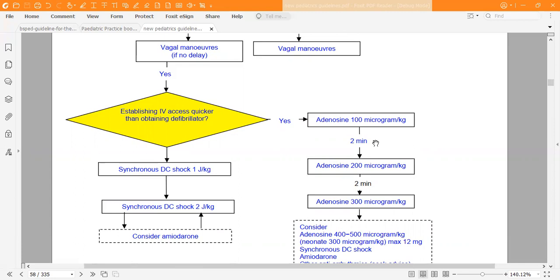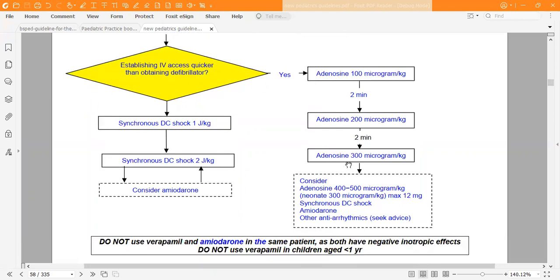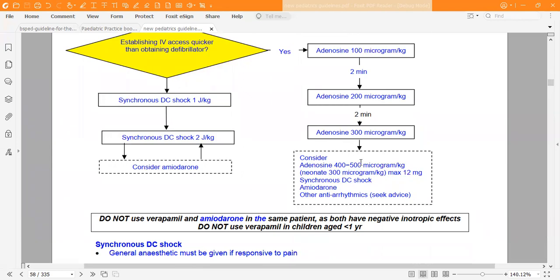If there's improvement, that's good. If not, you will give another dose of adenosine, 200 microgram per kg, wait for 2 minutes, and if not effective, you will give a third dose of adenosine, 300 microgram per kg. And you have to consider adenosine 400 to 500 microgram per kg.